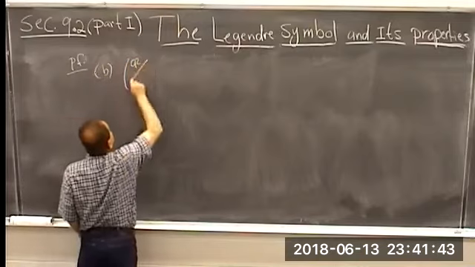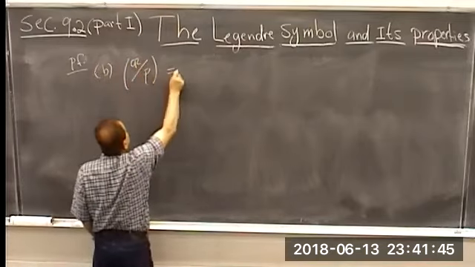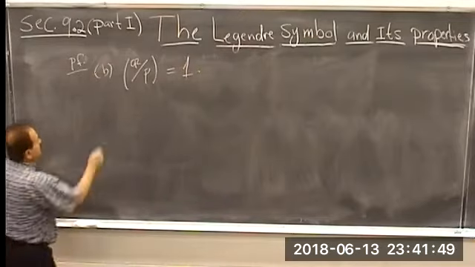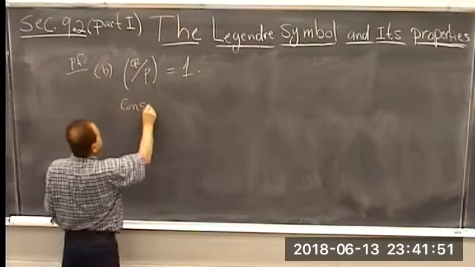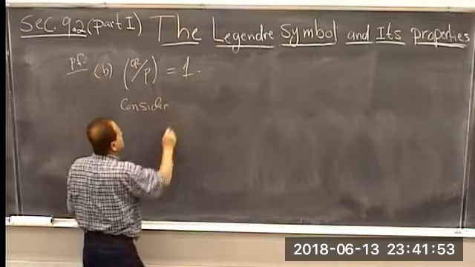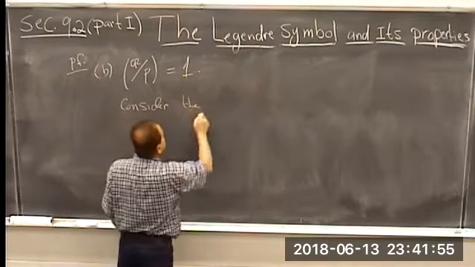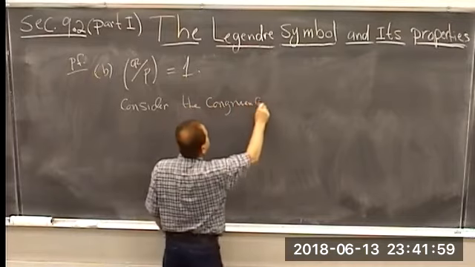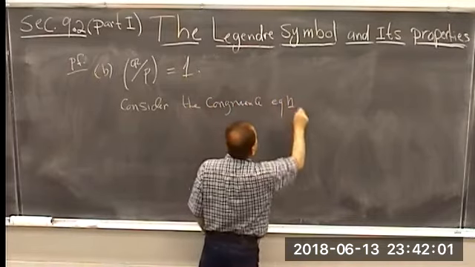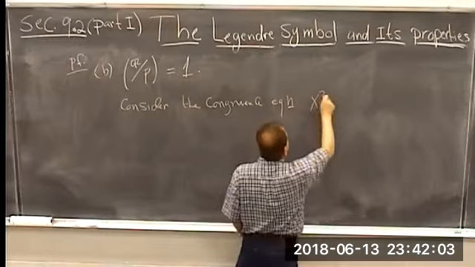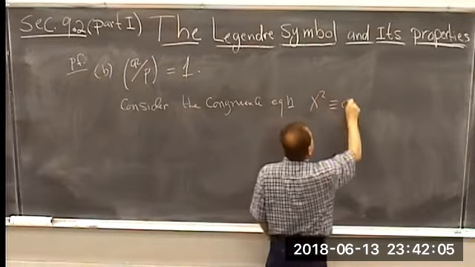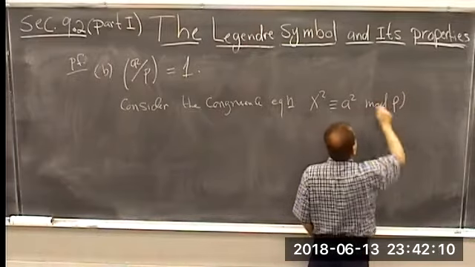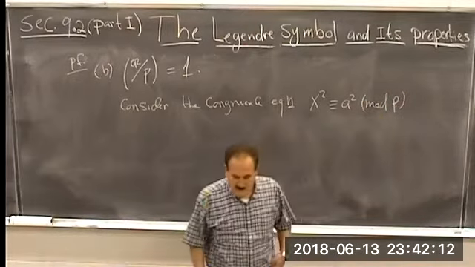So (a squared by p) is equal to 1. Let's consider this equation, the congruence equation x squared congruent to a squared mod p. All right.